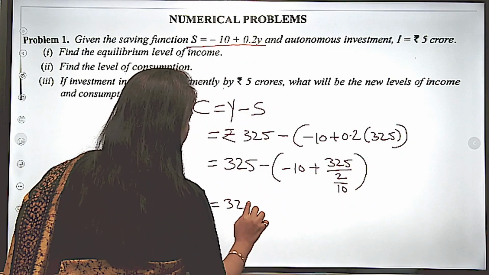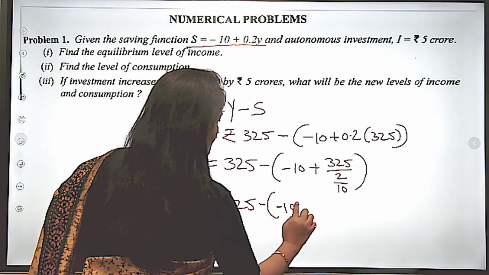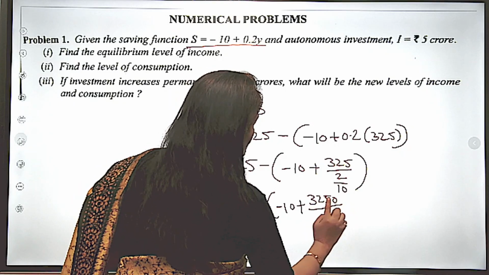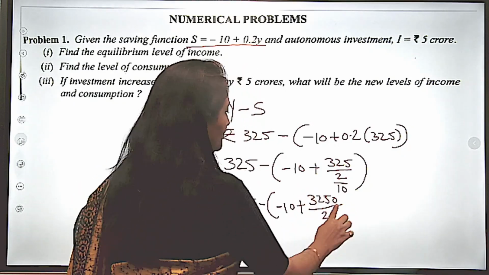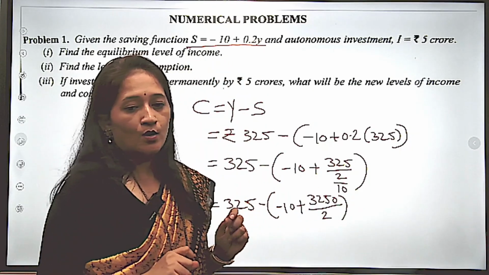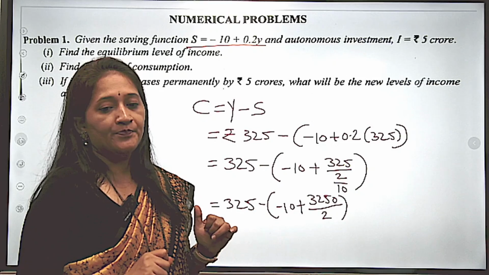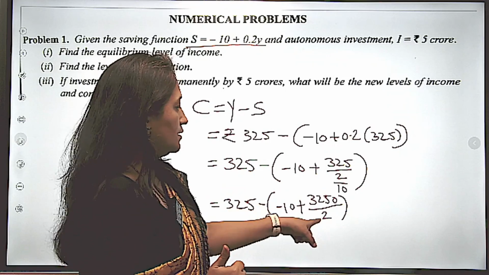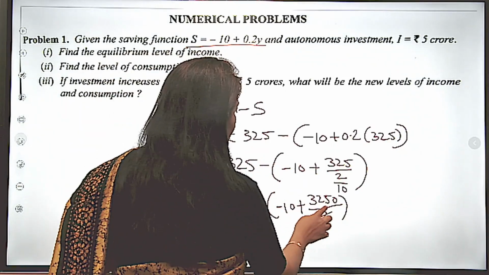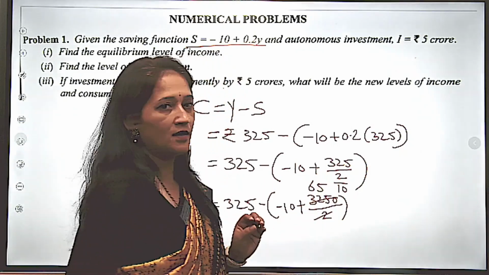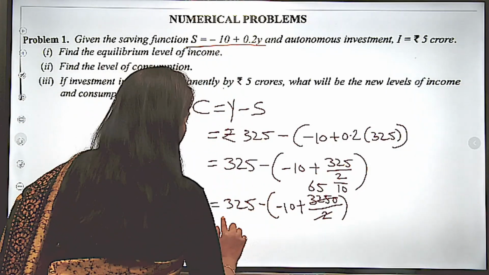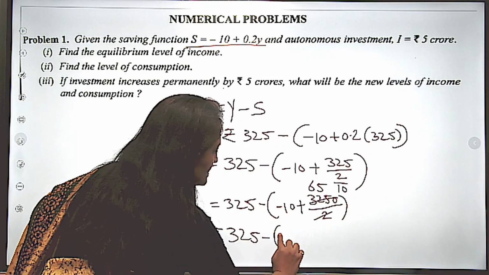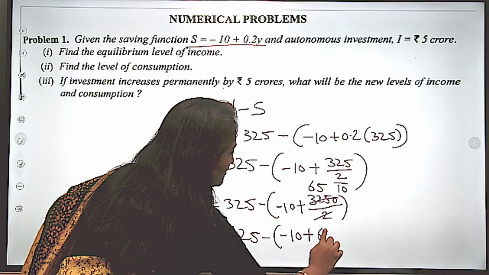So this becomes minus 10 plus 3250 upon 2. When we solve this, we get 65. Now 325 minus 10 plus 65.